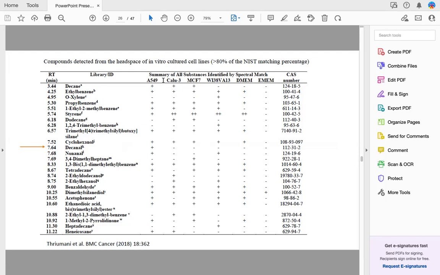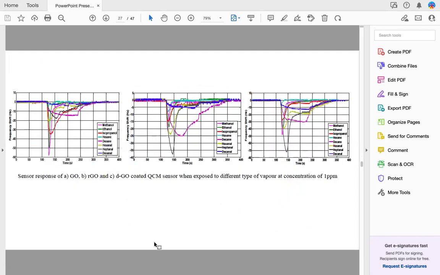This is one of the cultured cell lines, and I do not know the detail. So they found out the canal seems to be the indicator. And from there we can develop a series of sensors that respond to a certain aldehyde.